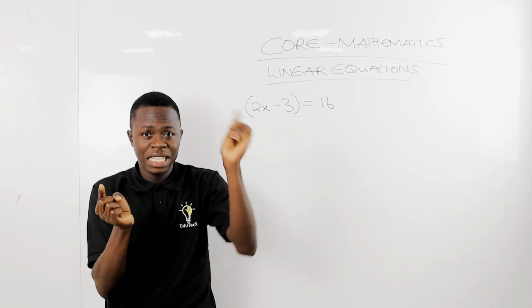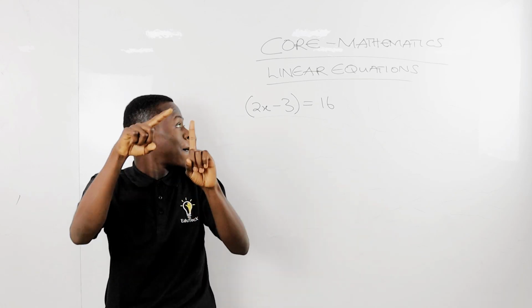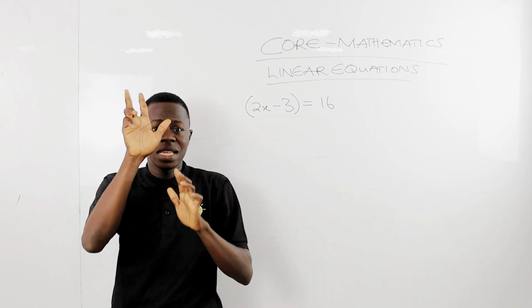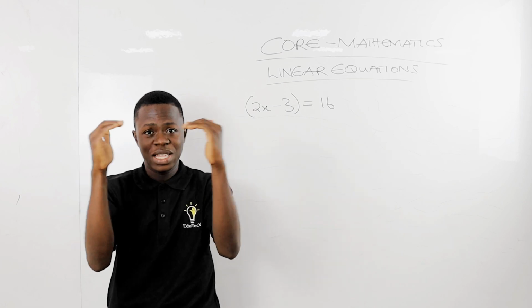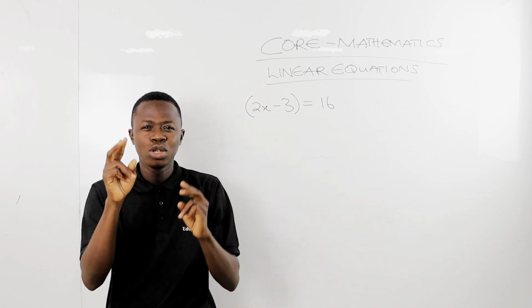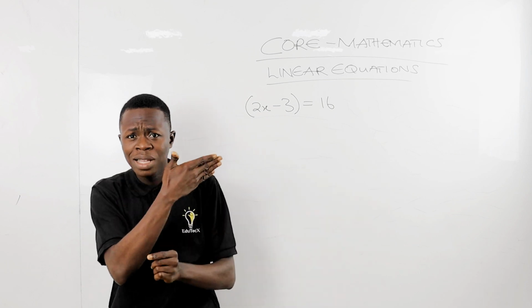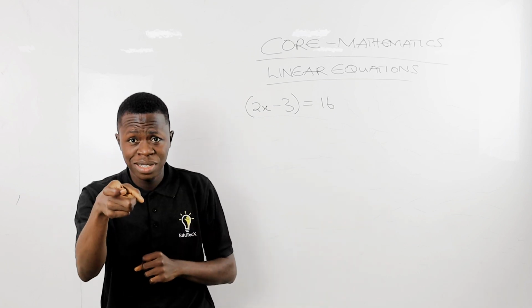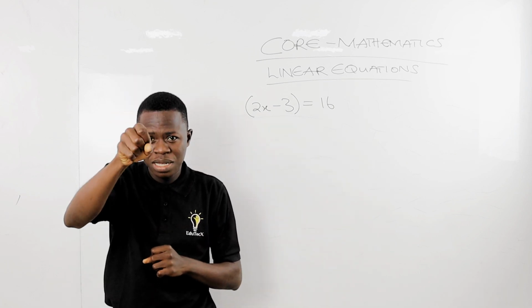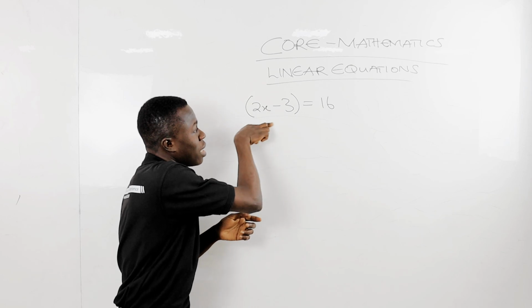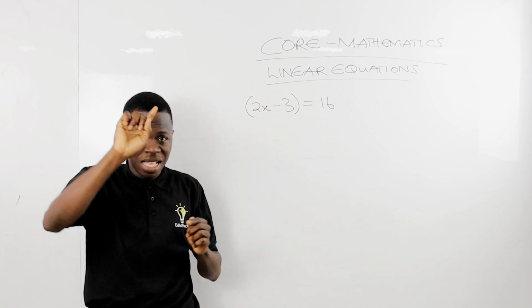Now you can see that we have a bracket on the board and then we have an equation. So an example like open bracket 2x minus 3 close bracket equals 16 is an example of a linear equation involving brackets.